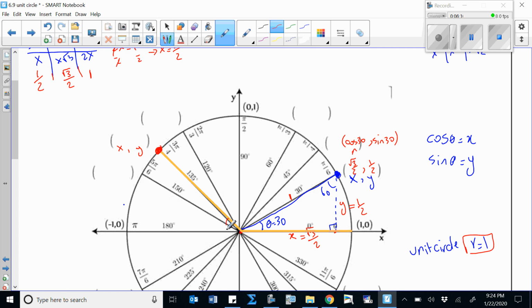So it's this one. This is my reference angle. What is the measure of this reference angle? 180 minus 135. So the difference between 180 and the terminal side is going to be my reference angle, which is 45 degrees.